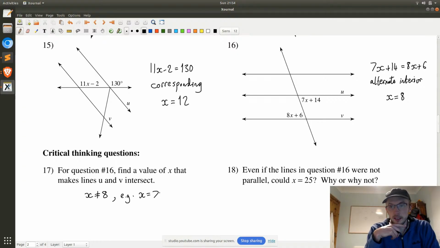Even if the lines in question 16 were not parallel, could x equal 25? Why or why not? 25 times 8 is 200. So 206 degrees there.